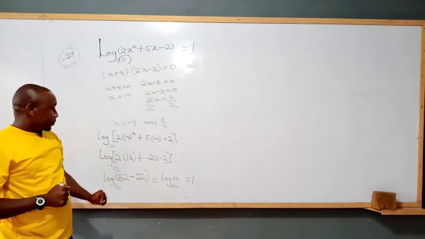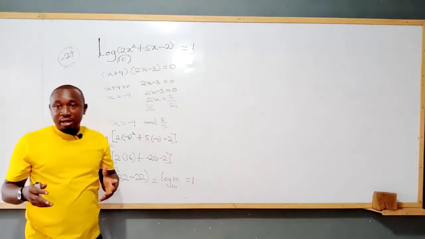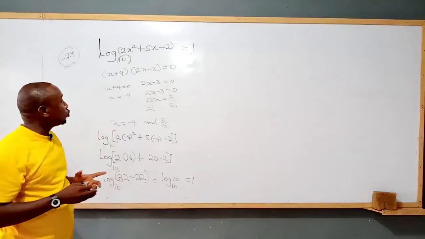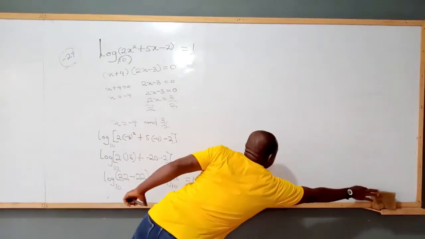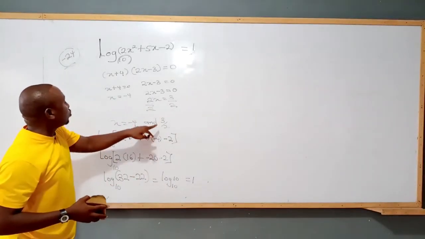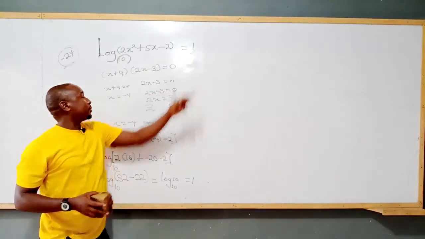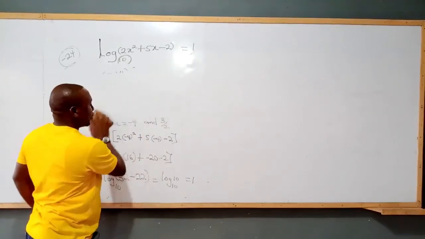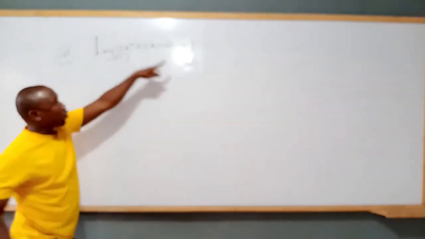Let's try 3 out of 2 to check whether that one will also make the equation true. Let me clean this, and then we check when x is equal to 3 out of 2. Are we going to get 1? We work towards getting 1.